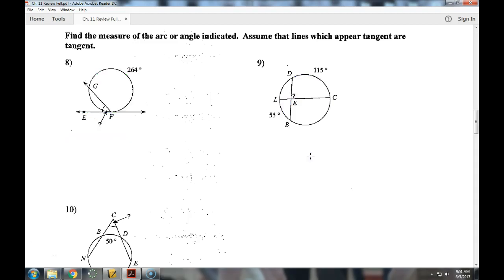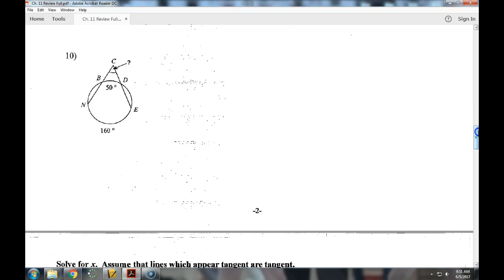Moving on down. New game going on here. Looks like I'm looking for an angle, and this angle is outside the circle. Whoa, a little bit crazy there with my line. So for my angle C that I'm looking for, when I look at the vertex, it's outside. So when you're outside, the angle is 1/2 the difference.